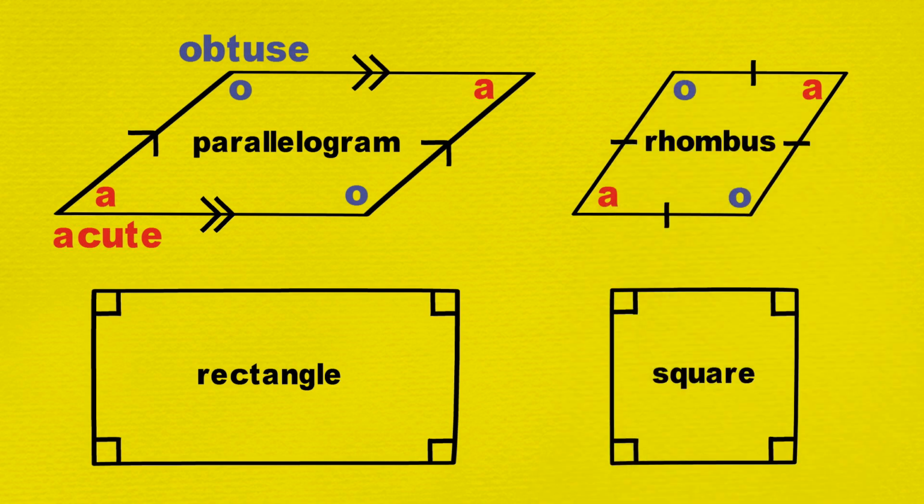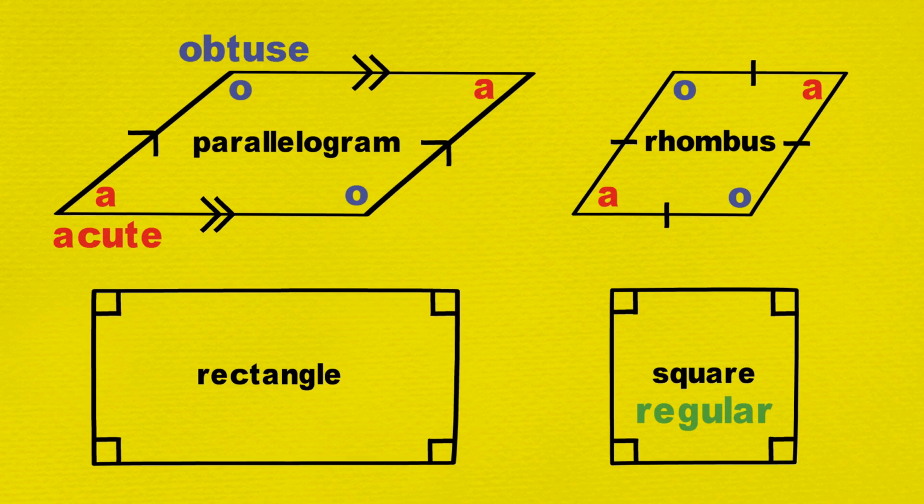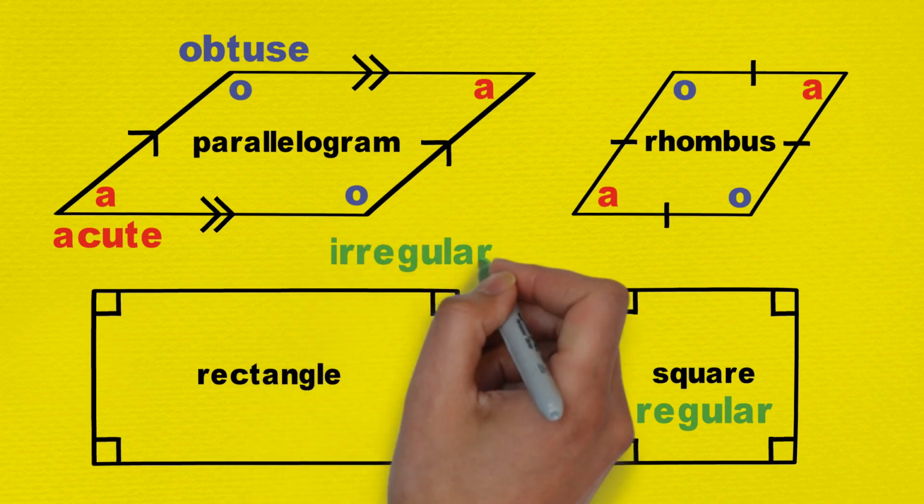That's correct, Min. And now that we know that regular shapes are those that have all their sides and angles equal, we can say that squares are regular shapes and all the other quadrilaterals are irregular shapes.